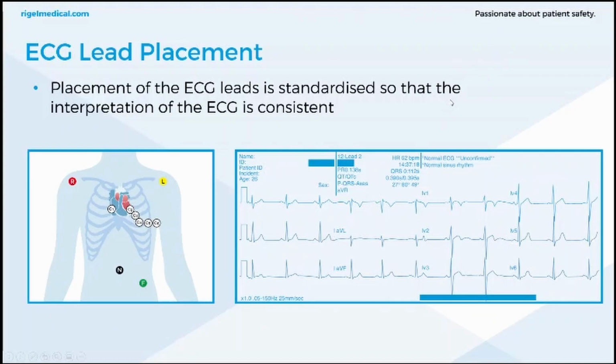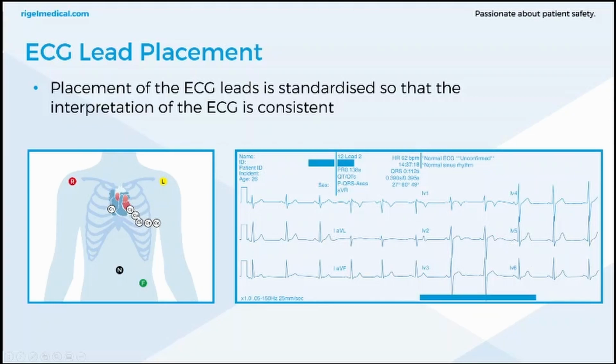Placement of the ECG leads is standardized, so the interpretation of the ECG is consistent. It's one of the most referred to means of measuring the electrical potentials by looking at the position of electrodes. It's taught very often. It's known as limb leads, and this is shown on the patient here in a triangular shape, known as the Einthoven triangle.